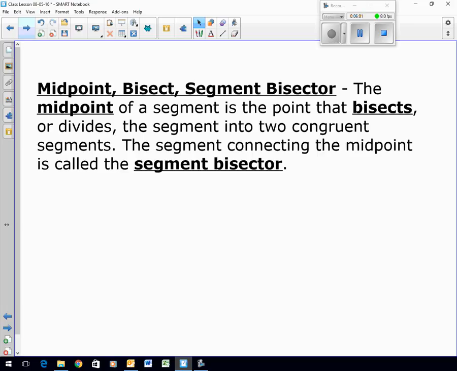Like geometrically, here's what that looks like. If I have the ruler, let's say my ruler starts at 0, goes to 12.